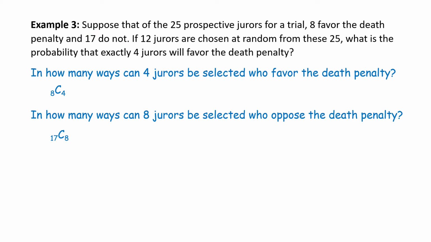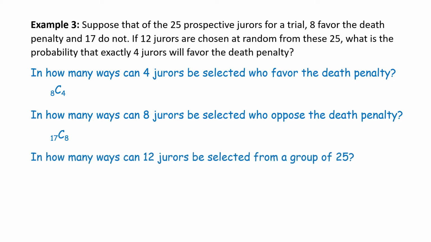Now that's to pick 12 specific ones. We need the sample space. That is, in how many ways can 12 jurors be selected from a group of 25? This again is a combination problem, and so from the group of 25, we're going to choose 12.